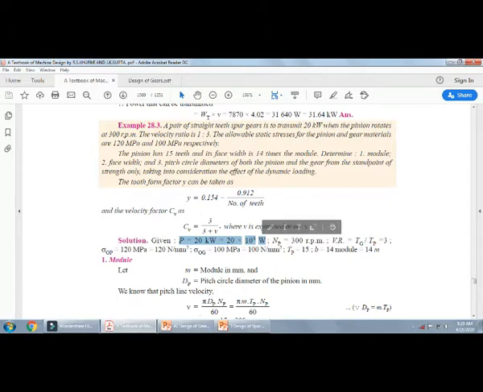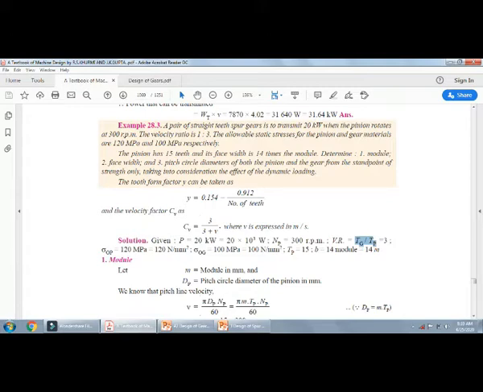The rpm of pinion Np is equal to 300. The velocity ratio is 1 to 3. It means Vr is equal to Tg by Tp, that is the number of teeth in gear and number of teeth in pinion. So, this is equal to 3.